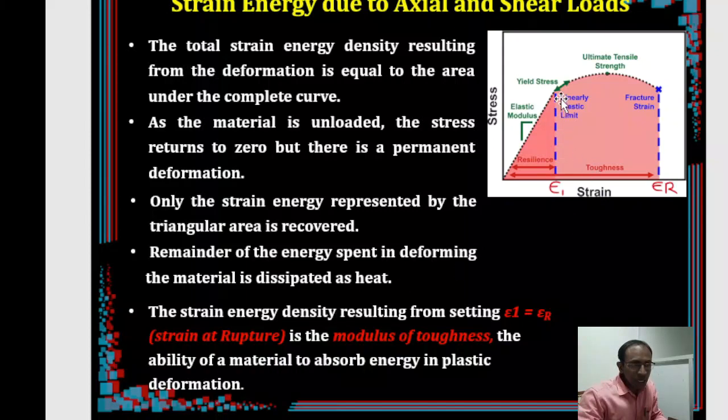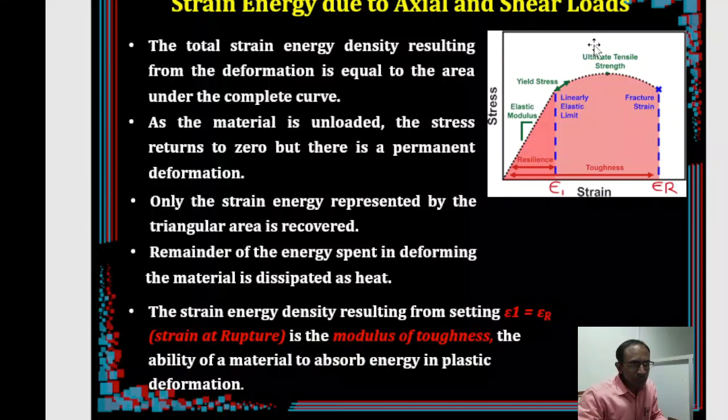That means you take the area of the stress-strain diagram in this region, and that is what is called the modulus of toughness. The modulus of toughness is generally defined as the ability of the material to absorb energy in plastic deformation. So even in plastic deformation it absorbs energy.